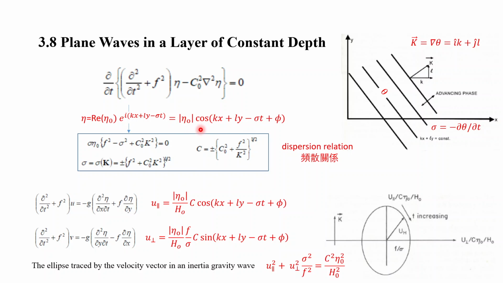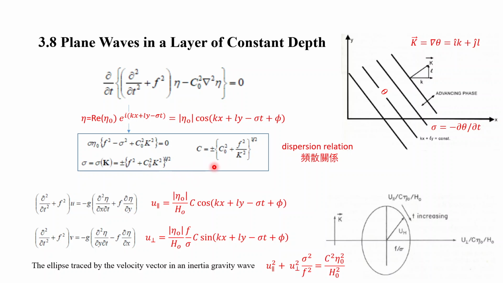So you can substitute this waveform into the differential equations. Then you can get a relation we call the dispersion relation, which is an equation relating the frequency sigma with the wave number. This relationship can be written either in this form or as a function of frequency as a function of wave number, sigma equal to plus minus square root of f squared plus c squared k squared.